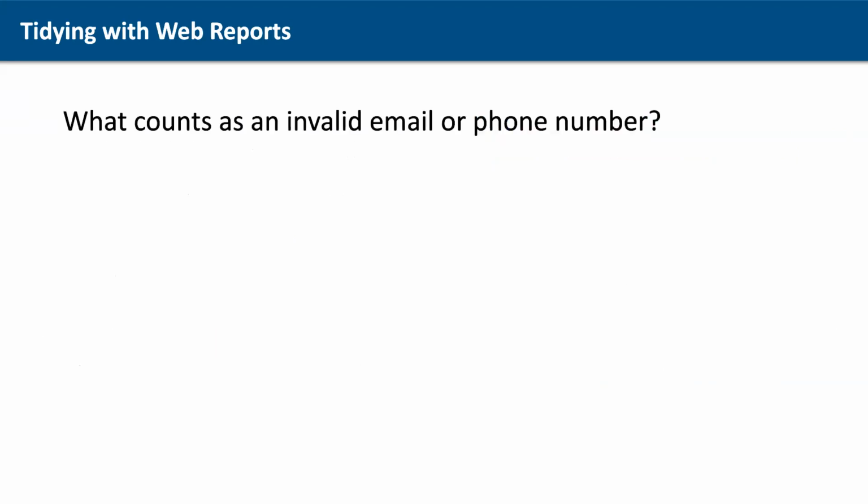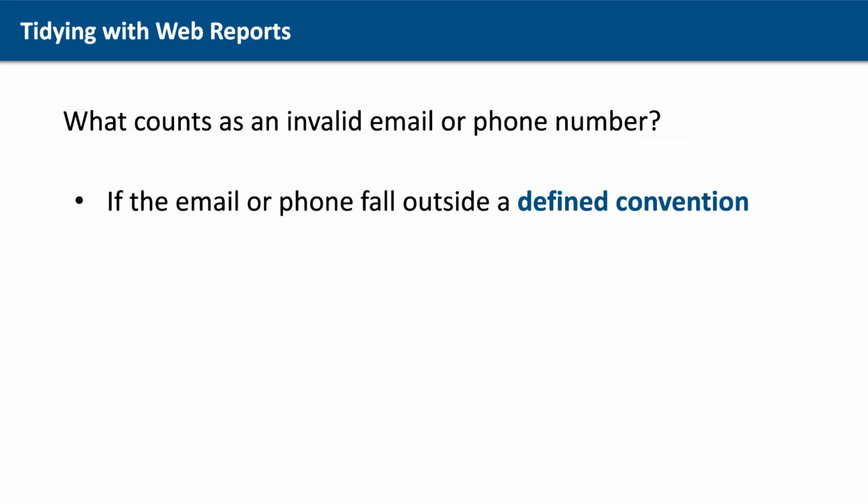In terms of defining what counts as invalid, this report cannot determine if there's a spelling error in the email address or an incorrect digit in the phone number. Instead, it's identifying users whose email addresses or phone numbers fall outside of a defined convention.